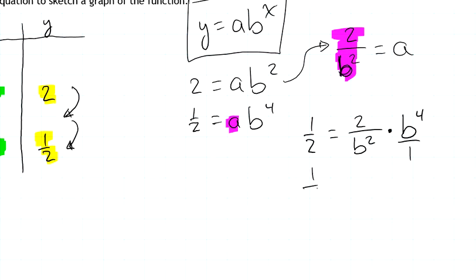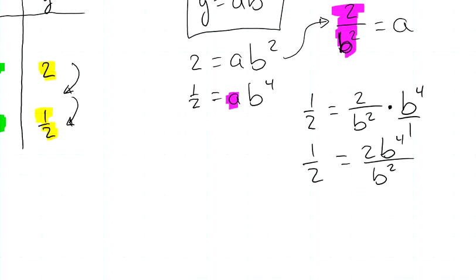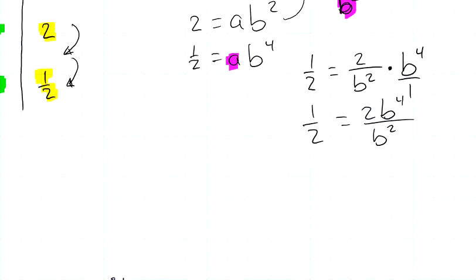Now, just to clean this up a bit, I might write this as 2b to the fourth over b squared. And b to the fourth power over b to the second power is exactly equal to b squared. So I have 1/2 equals 2 times b squared.